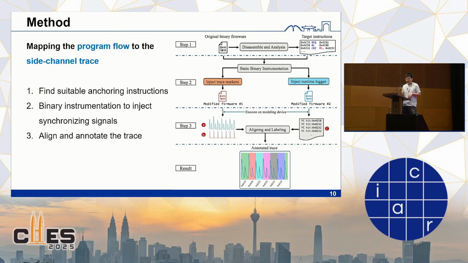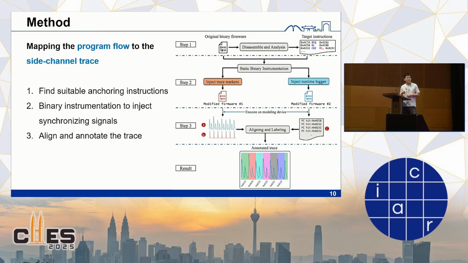So how do we map the program flow to the side channel traces? We propose a scheme that can be broken into 3 steps. First, we parse, disassemble and analyze the binary firmware, and we select some interesting anchoring instructions.